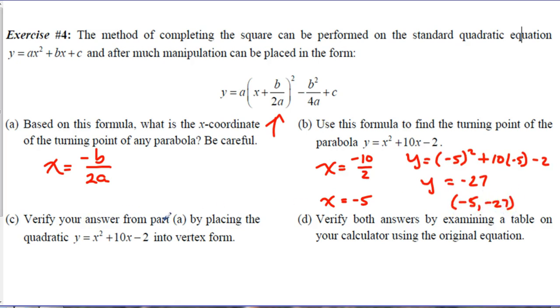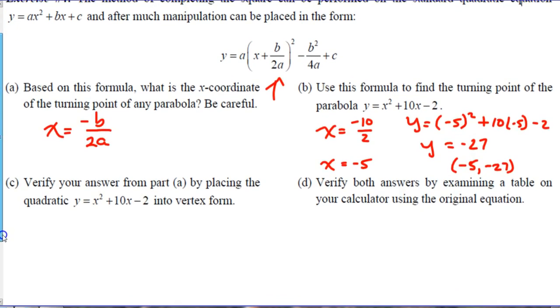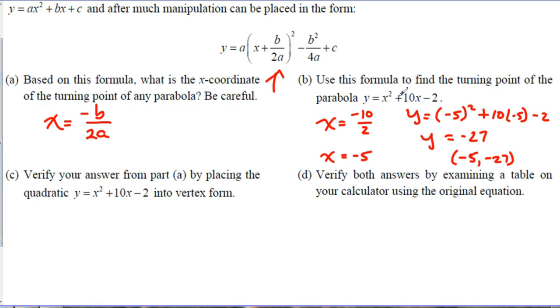Now here it says verify it by putting into vertex form. Okay, cool, we can do that. This is actually a lot easier than the ones we just did above, right? It's got a nice even number as the b, a nice 1 as the a. So crank that out if you haven't done so. All right, in terms of checking this, I'm just going to go through this quickly and you can watch.